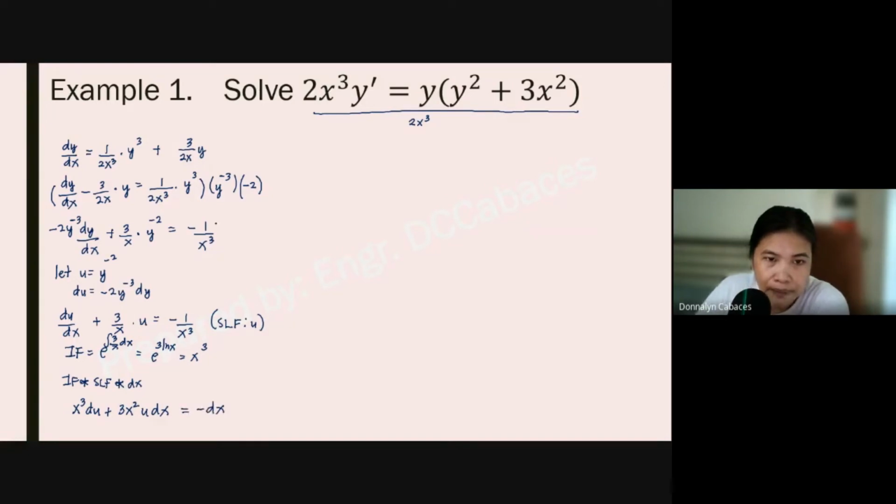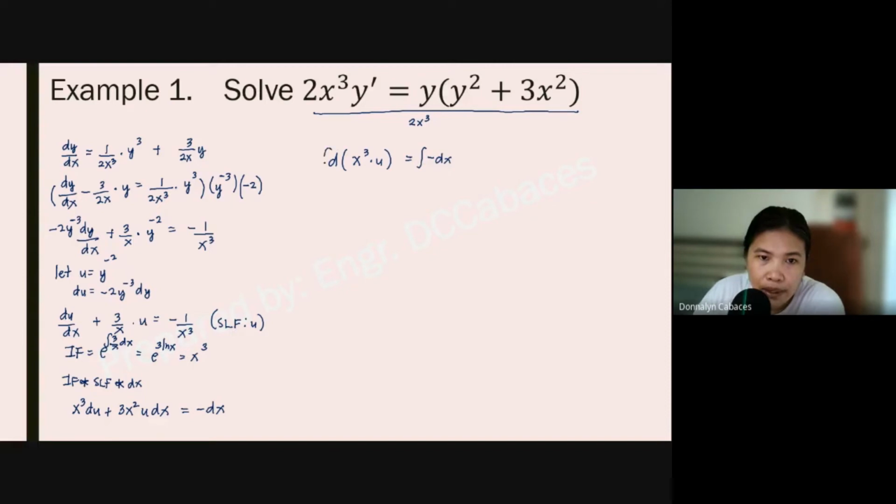So the left side should be the derivative of the product of the integrating factor x cubed and the linear variable. So checking, x cubed du plus u times the derivative of x cubed, which is 3x squared dx. So that is correct on the left side of the equation, is equal now to negative dx.